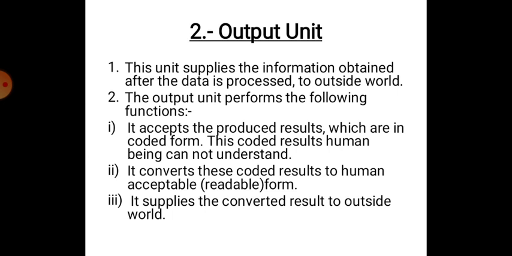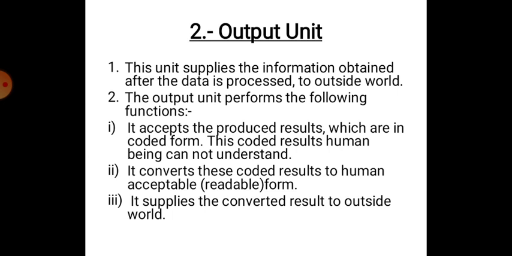So the job of the output unit is to make available the results or information from computer system in human understandable form. Point number 2. The output unit performs the following functions. 1. It accepts the produced results which are in coded form. These coded results human beings cannot understand.